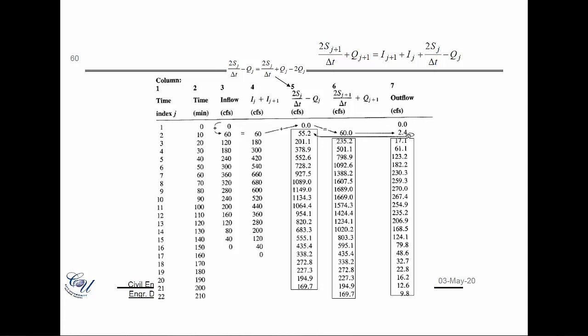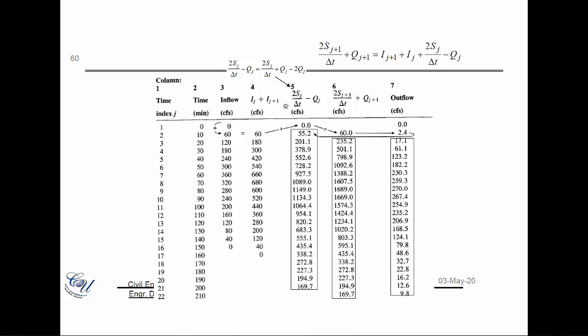Now once I have this outflow value, I'll use it to calculate the value for the fifth column, because you remember we left this fifth column. When we reached the fourth column, we jumped to the sixth column. From the sixth column we calculate the outflow, and now we have to find out the value for the fifth column, and that fifth column formula is written here.